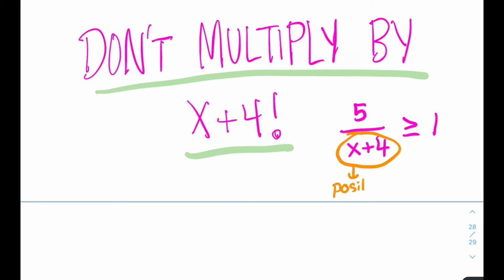So if I multiply both sides of this by x plus 4, but that includes a variable, I don't know if x plus 4 is positive, I don't know if it's negative, so that would create two different cases, one where it's less than or equal to 1, and one where it's greater than or equal to 1, and I don't really know which one I have. So that's why we're going ahead and getting 0 on one side instead. So do not multiply both sides by x plus 4.